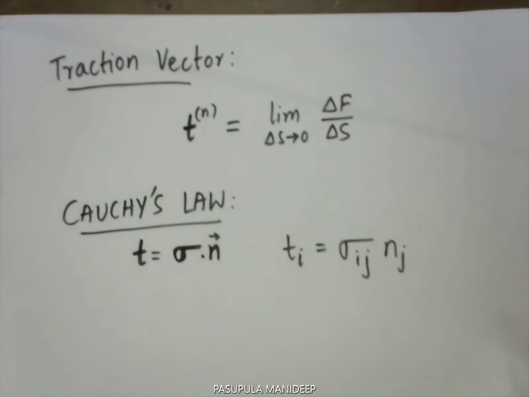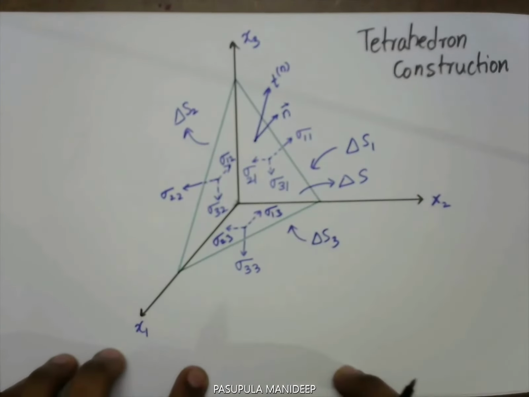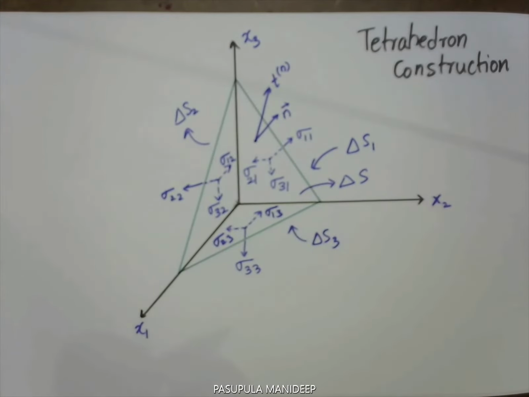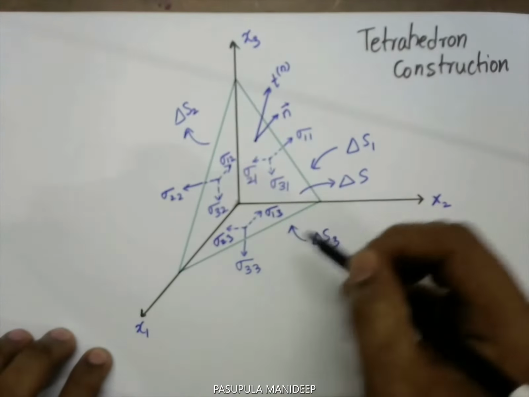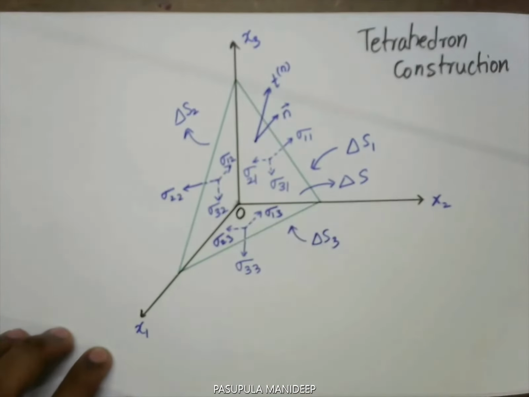Now let us try to prove Cauchy's law which we have just discussed. Let us consider a tetrahedron construction. I have already drawn it. Consider a small tetrahedron free body with a vertex at the origin. Now it is required to determine the traction T in terms of 9 stress components.